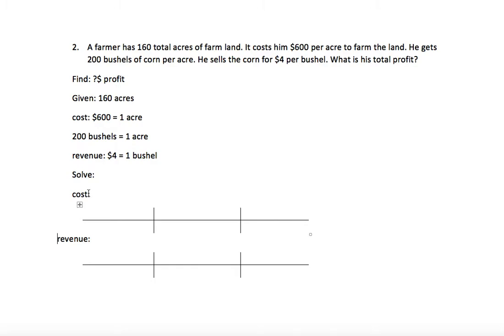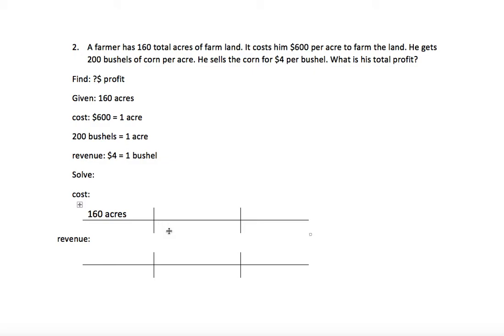So for the cost, we're going to do what we've been doing in several of the others and find the one number that's given to us that is not equal to anything. So that's 160 acres. And then we only want to use numbers that are associated with the cost. And here we have one that's $600 equals 1 acre.